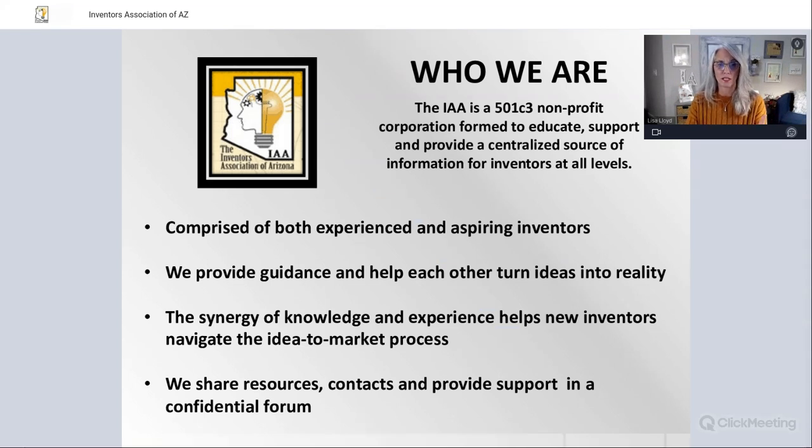First of all, the Inventors Association of Arizona is a 501c3 nonprofit corporation formed to educate, support, and provide a centralized source of information for all inventors at all levels. We are comprised of both experienced and aspiring inventors. So you've got all kinds of experience, whether you're just getting started or maybe you've had an invention in the past but didn't really get that far down the path. Or who knows, maybe you've had something licensed like I have at this point.